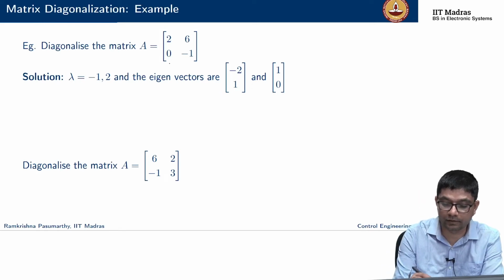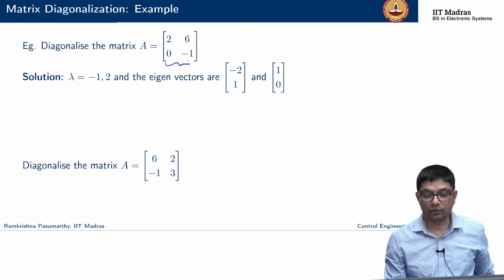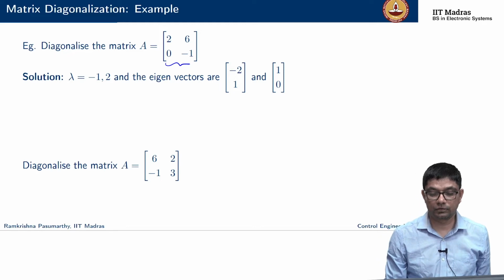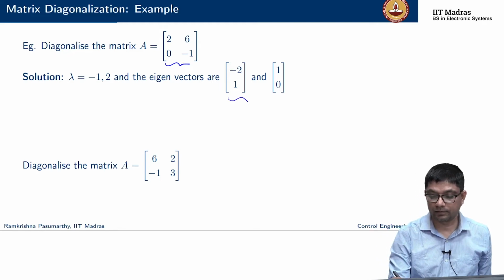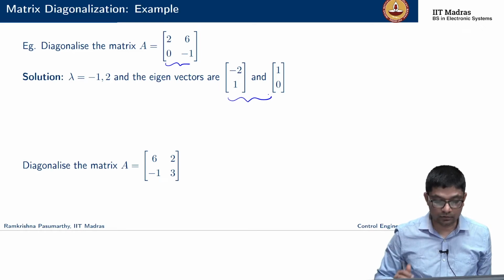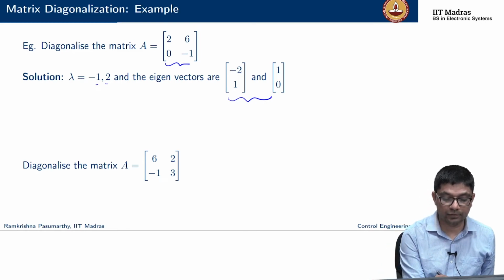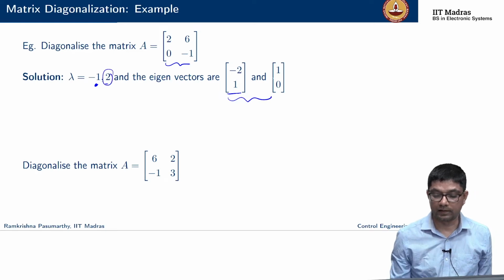So I have a matrix of the form 2, 6, 0 and 1, and I have eigenvalues. I'll just skip these computations. Eigenvector corresponding to eigenvalue minus 1 is 2, minus 2 and 1, and similarly eigenvector corresponding to lambda equal to 2 is 1 and 0.